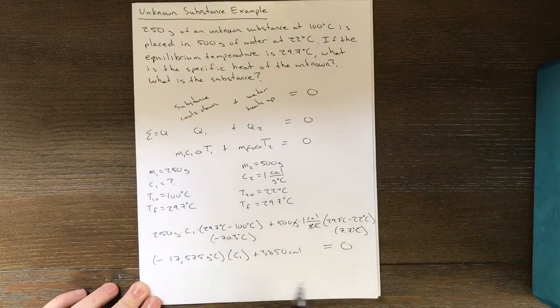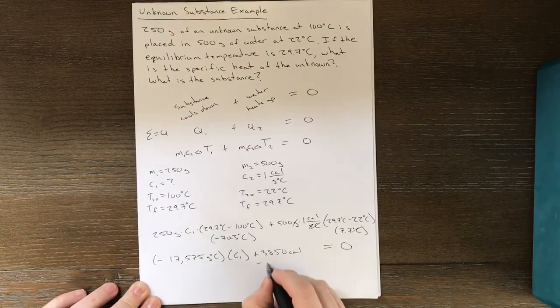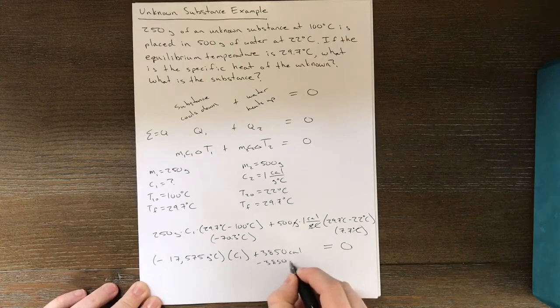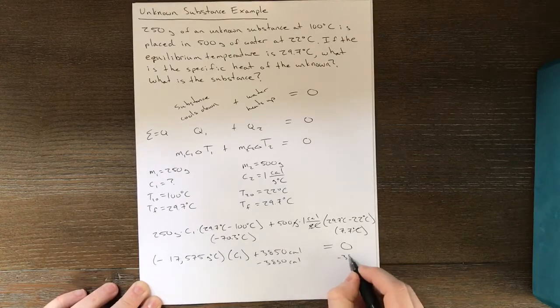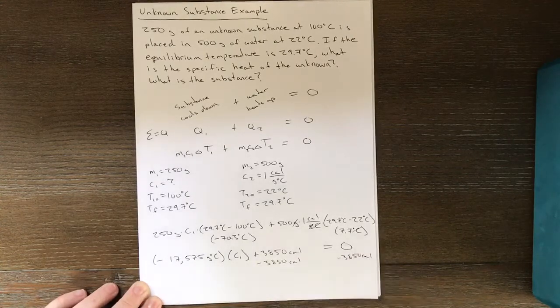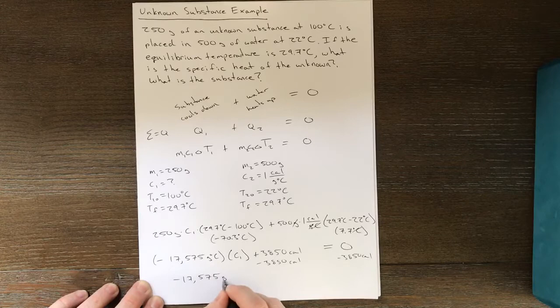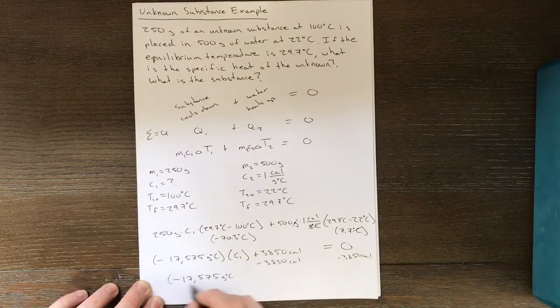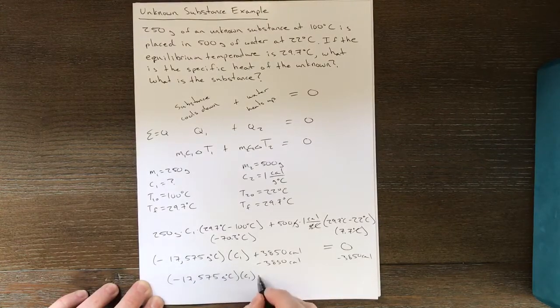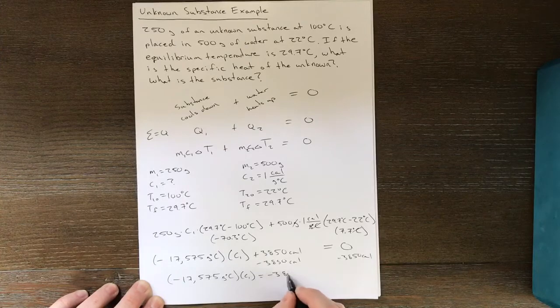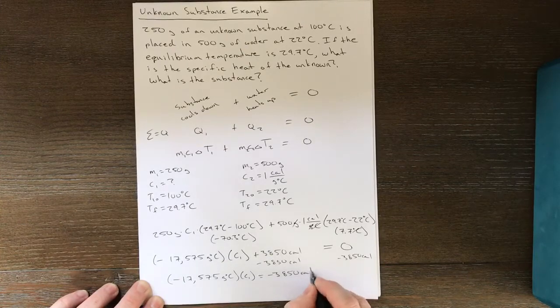All right, we're almost finished solving for that C1. Let's subtract 3,850 calories from both sides. So we have negative 17,575 gram degrees Celsius, all times C1 equals negative 3,850 calories.